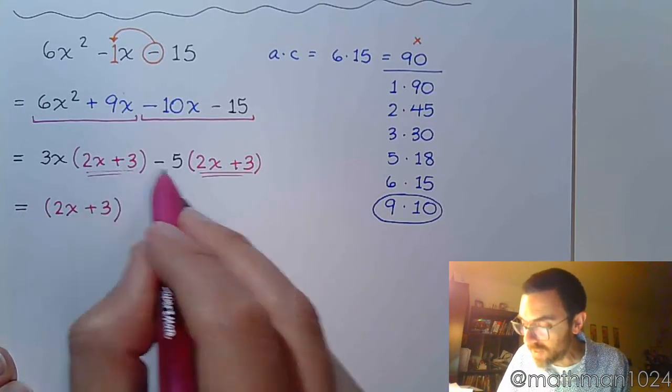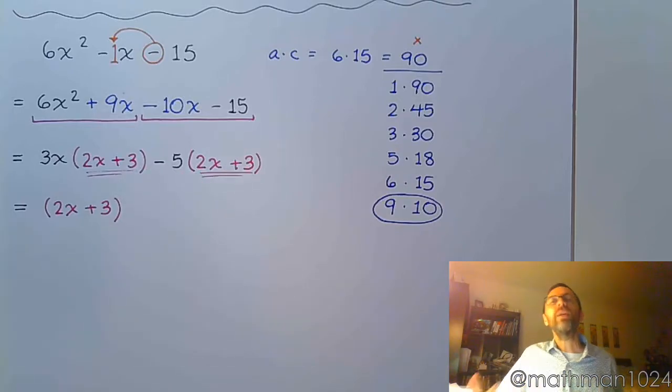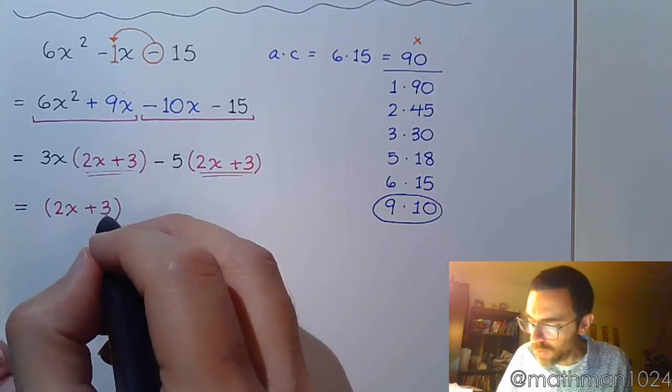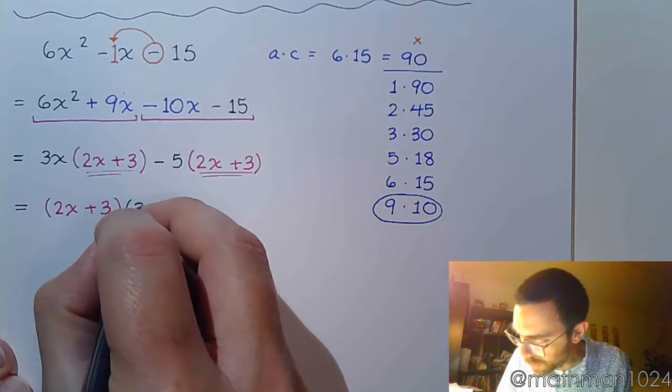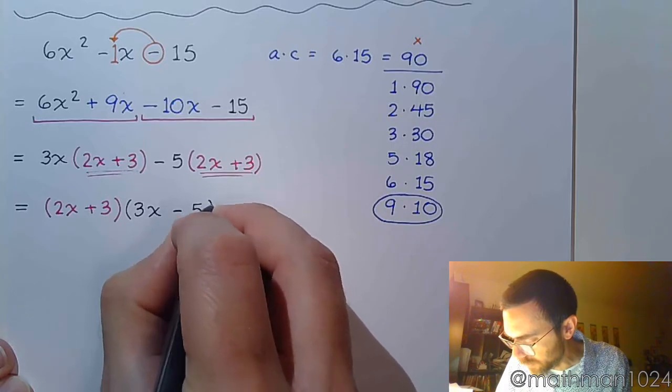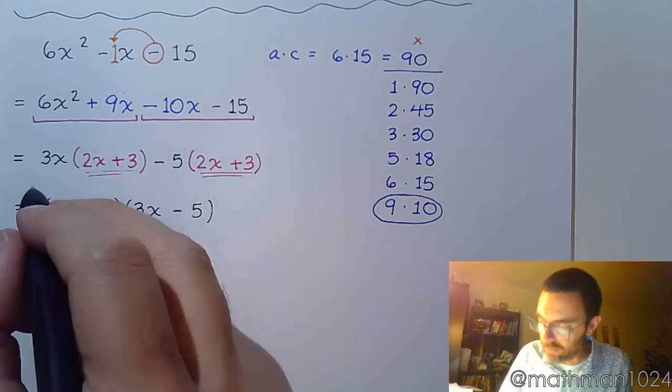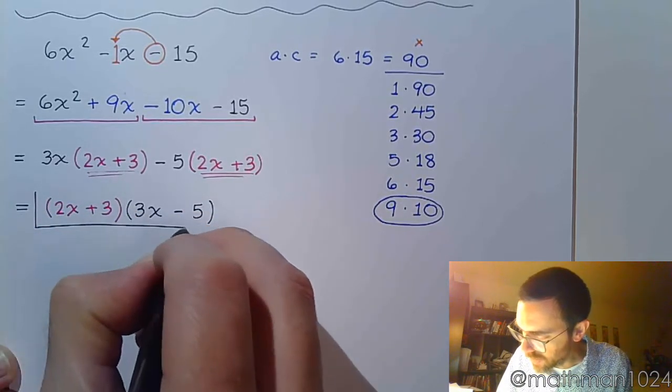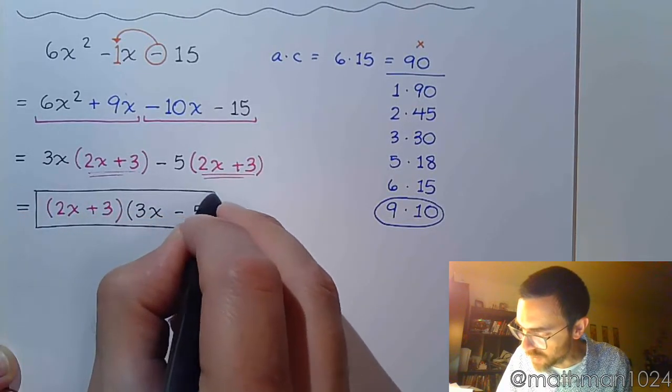No, these have to be exactly the same. Look at what I've done in these videos. Follow my example, and you're going to be all right. 2x minus 3 was being multiplied times both 3x and negative 5. And this is your factorization for that polynomial.